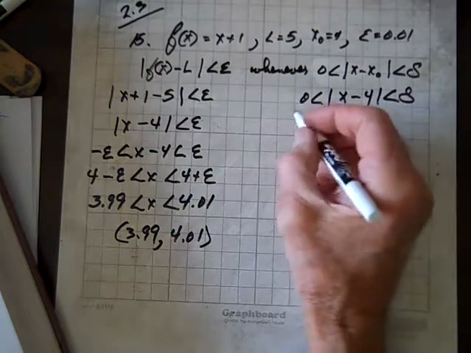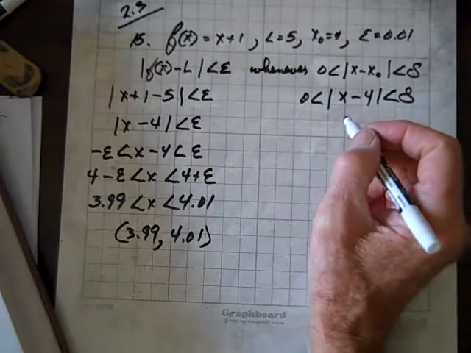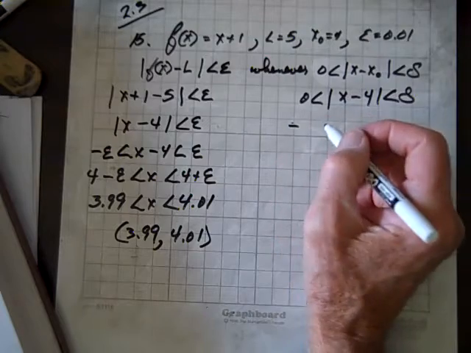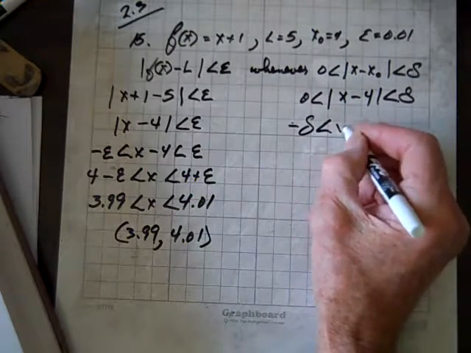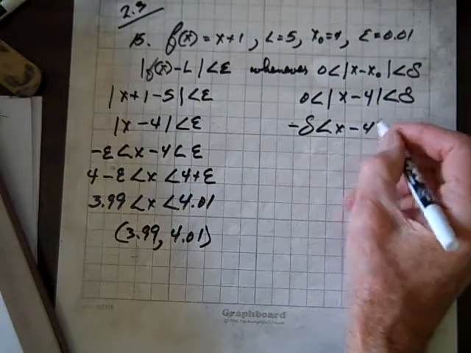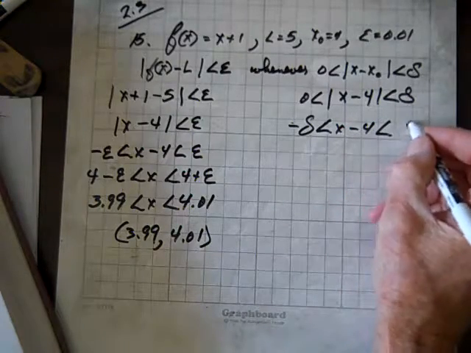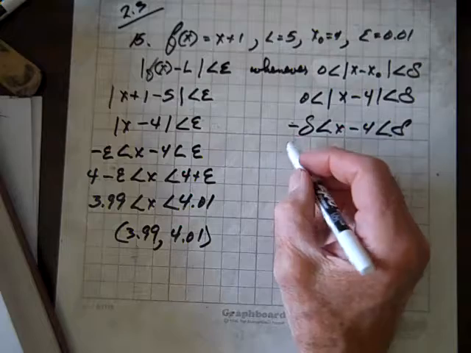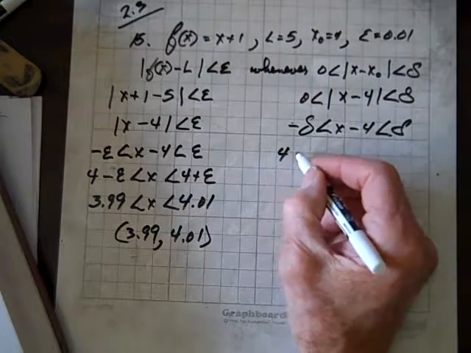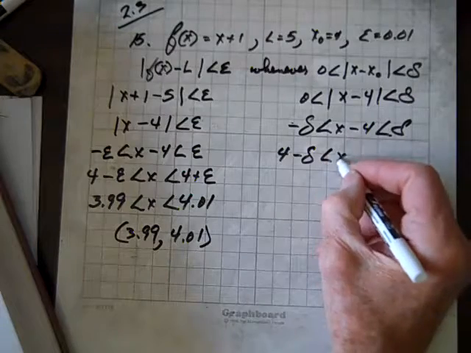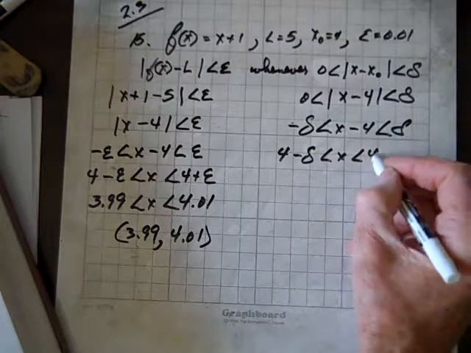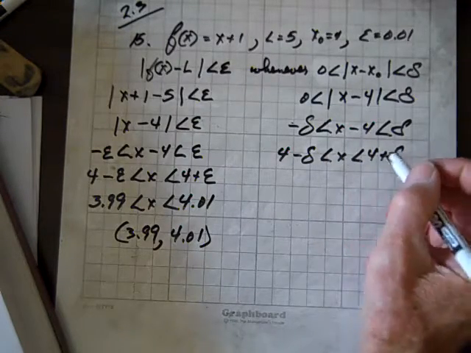So again, we'll dispense with the absolute value bars by writing negative delta, which is less than x minus 4, which is less than delta, and adding 4 to each interval, we get 4 minus delta is less than x, which is less than 4 plus delta.